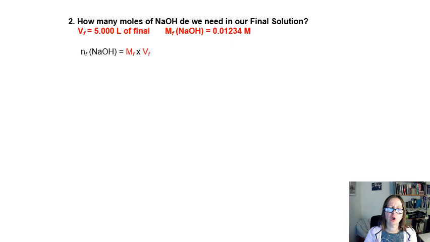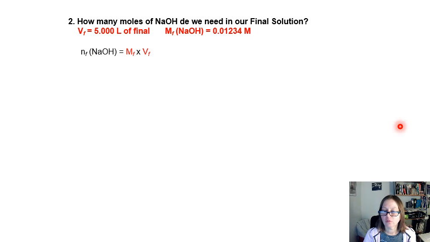Then we need to figure out how many moles of sodium hydroxide we need in our final solution. We know that we want 5 liters of this final solution, and we want a molarity of 0.01234 molar. So the number of moles of sodium hydroxide in our final solution can be calculated by the final concentration, or molarity, times the final volume.